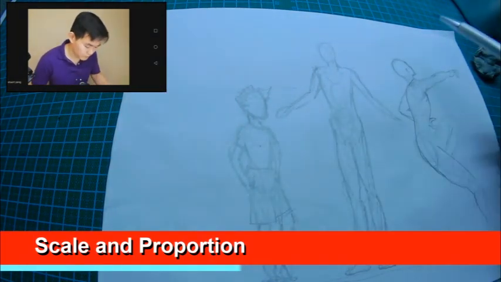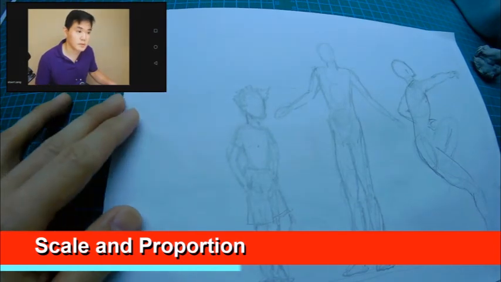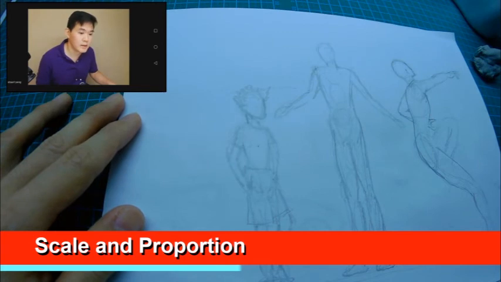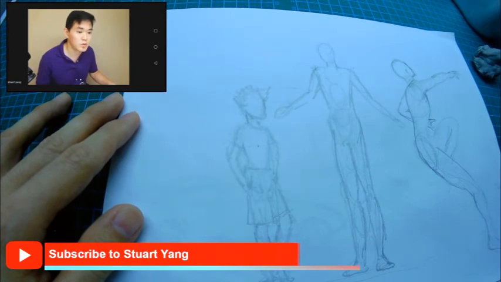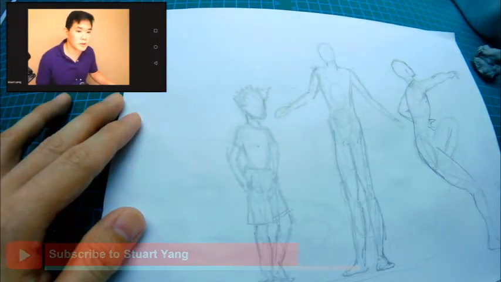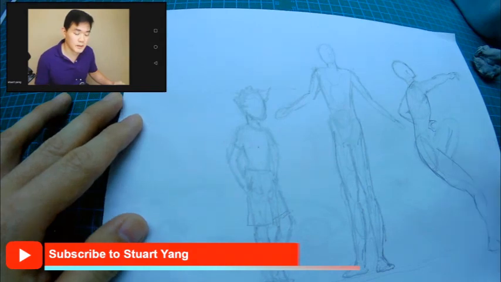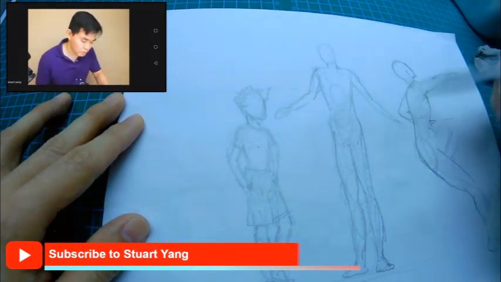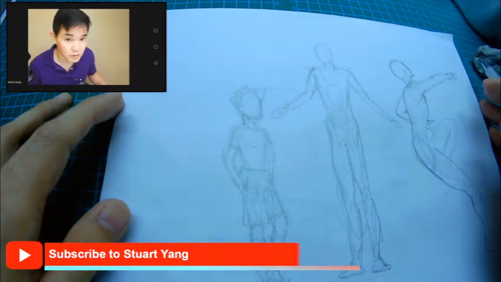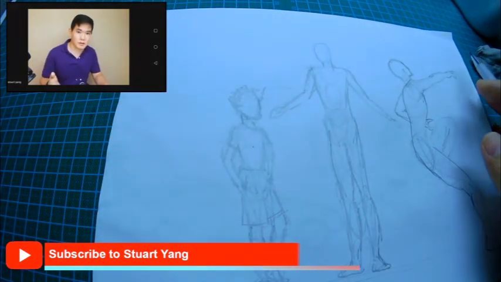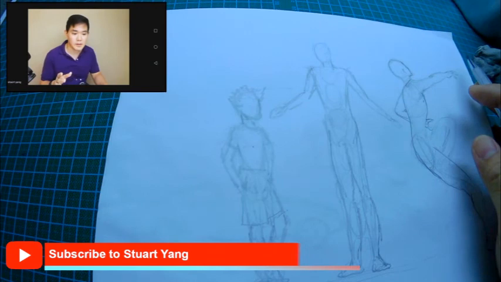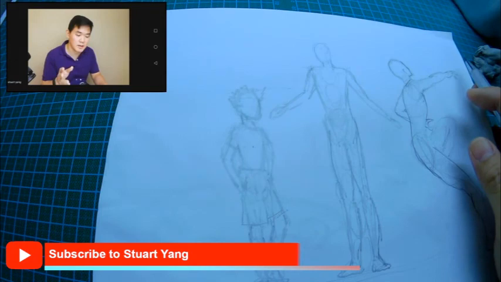So scale and proportion, these two work hand in hand, and they play a big role in any of your drawings. It's important to see that as you continue to progress in your drawings, you start understanding that what you draw, based on your proportions, your blending, your shading, will really make things come out.